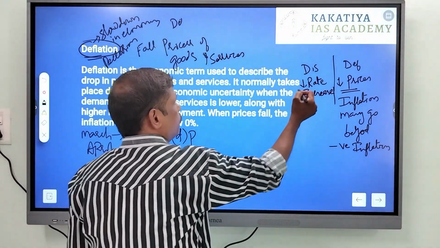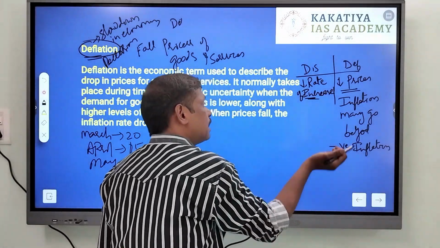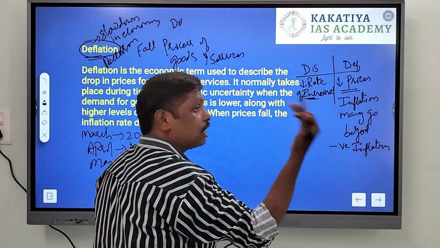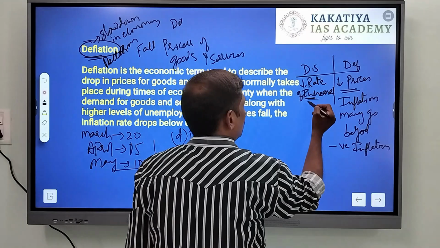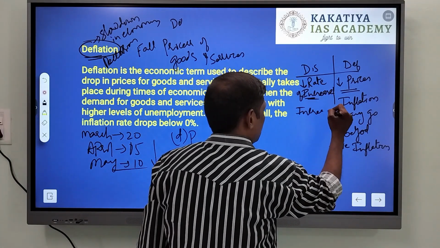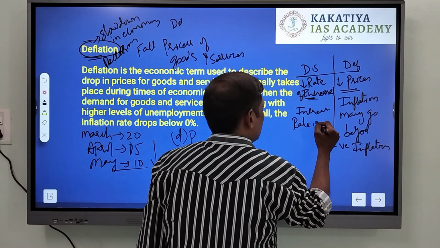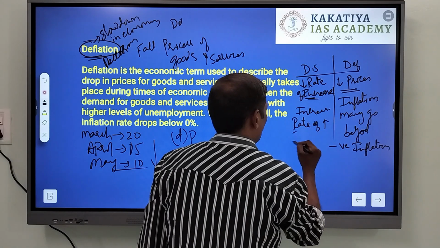Whereas in disinflation, you don't see this, because there is a rise in prices, but the issue is the rate of increase is coming down. So we see an increase in prices, but the rate of increase is slower.